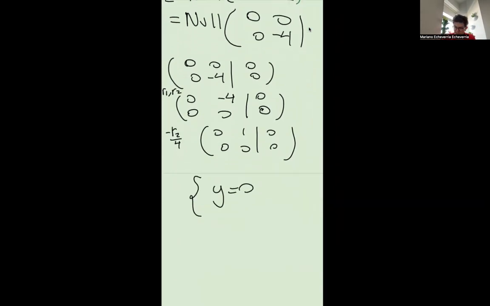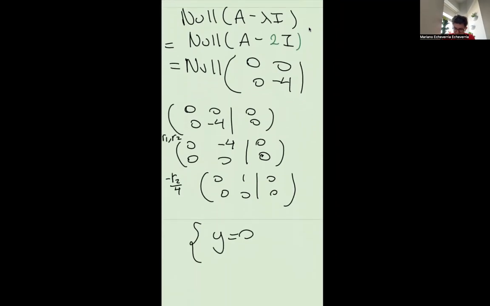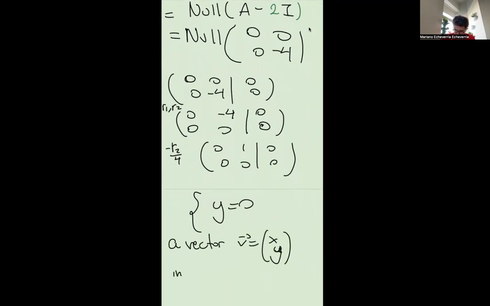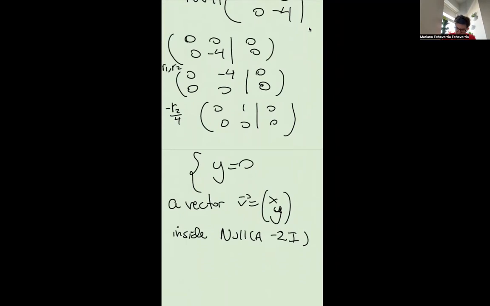So what does that mean? That means that a vector inside the null space of A minus 2I must be of the form v equals x, 0, because y is 0, right?